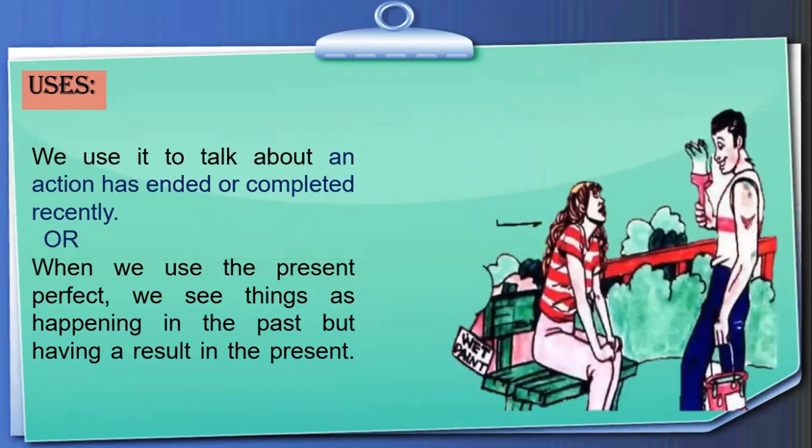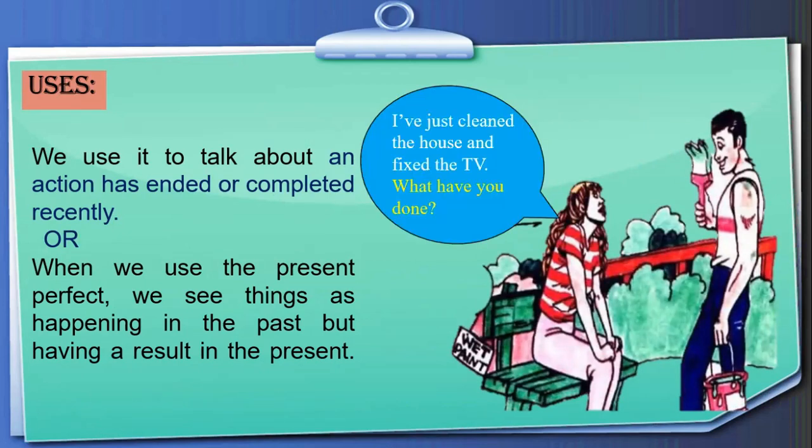For example, here is the picture. These two people are talking to each other, and she says, I have just cleaned the house and fixed the TV. What have you done? The boy says, I have painted the bench you are sitting on. So you see, these two are talking about their recent actions. She says that I have cleaned the house and fixed the TV.